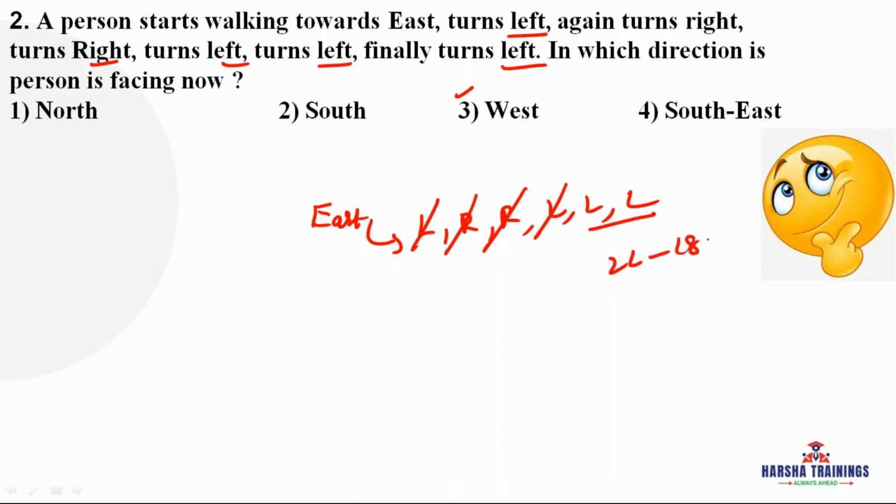So 2L means how many degrees? 180 degrees. A person facing starting which direction? East direction. So L means anti-clockwise, right? So 90, 90, 180 degrees. In which direction? West direction. That's why option 3 is the right answer. Clear? I think no need for pen and paper.